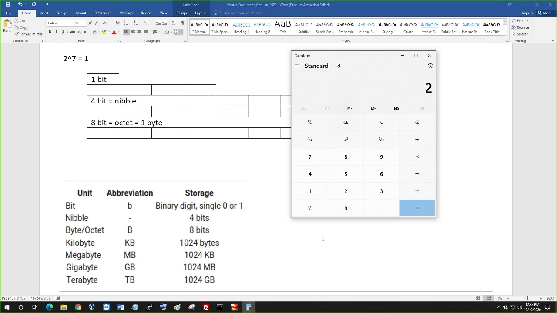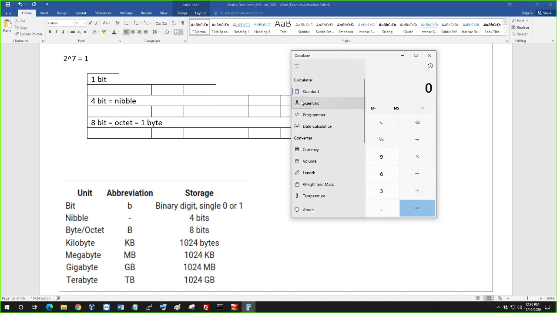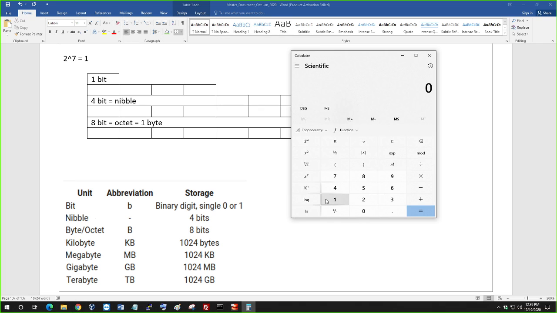If I do 2 to the power of 0, the answer will be 1, right? Not multiply, but 2 to the power of. Let's see here if I have scientific. Okay, 2, where is the caret function?